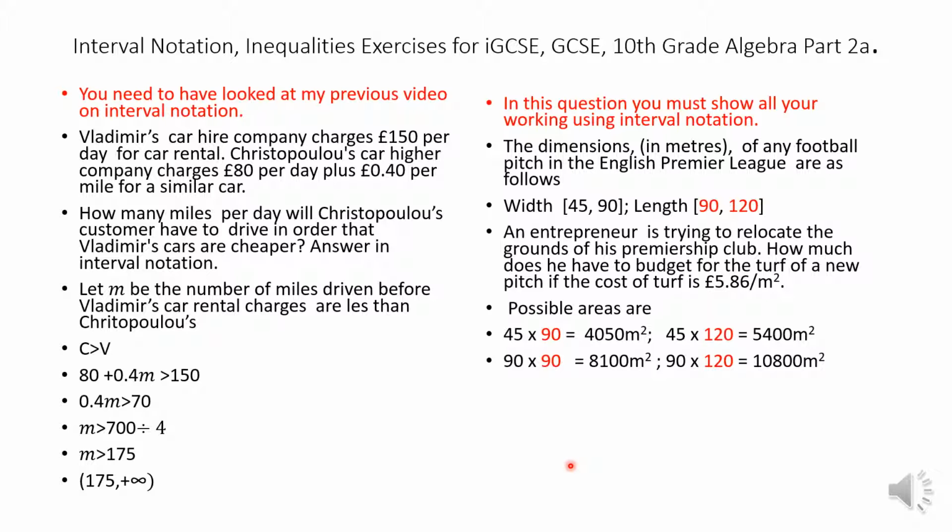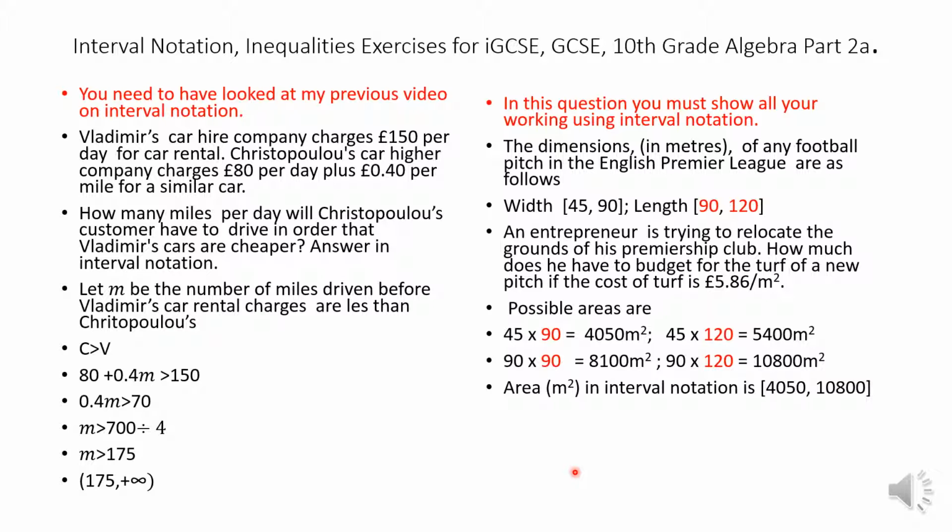So in interval notation terms, the area of the pitch has got to be greater than or equal to 4,050 meters squared and less than or equal to 10,800 meters squared.